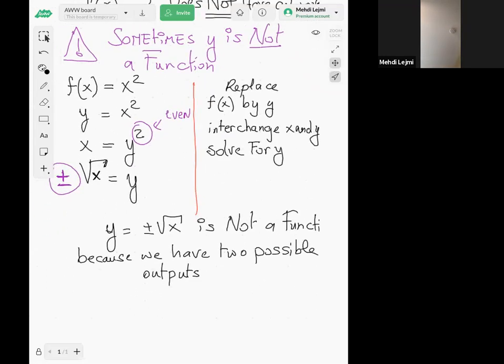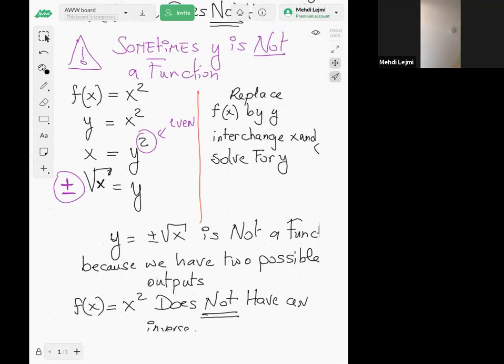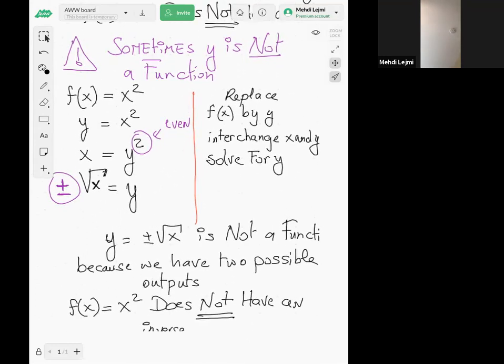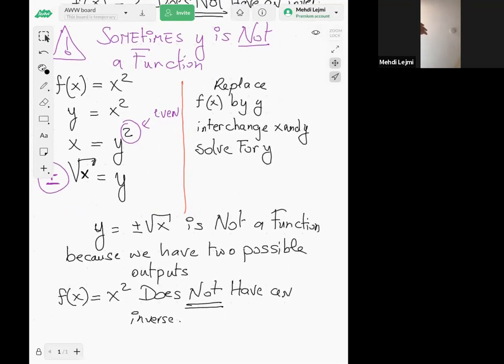So you see, if you follow these steps, sometimes you cannot solve for y, and sometimes y is not a function of x, so then your function does not have an inverse.